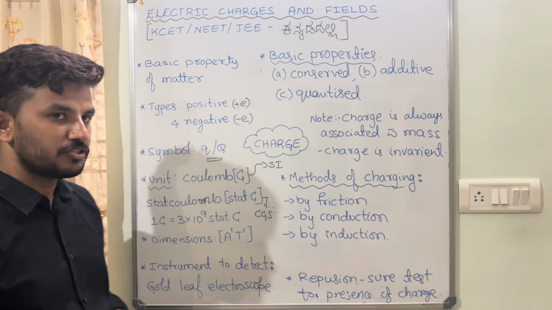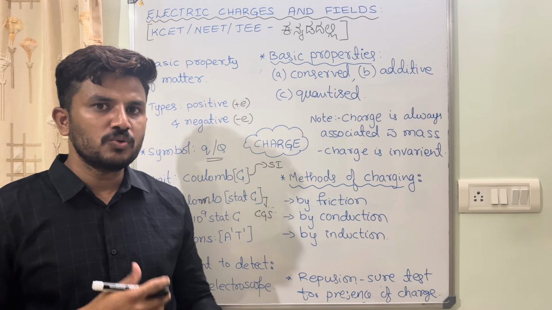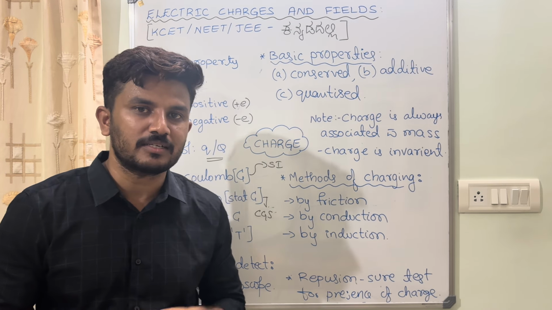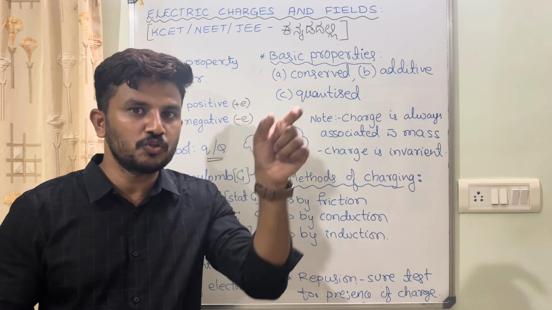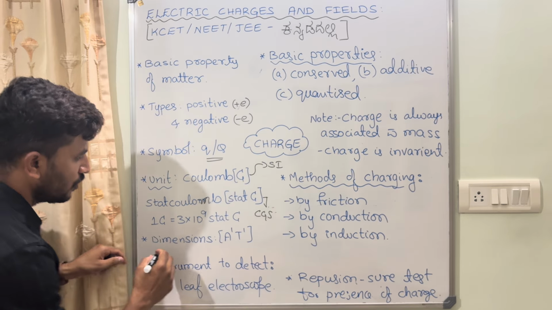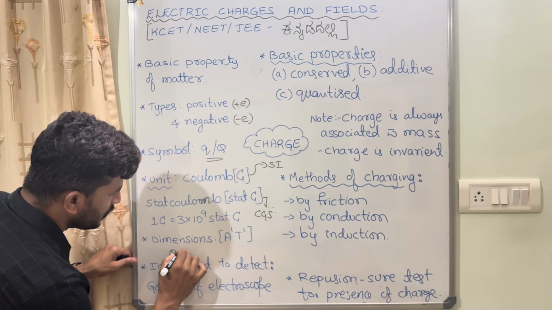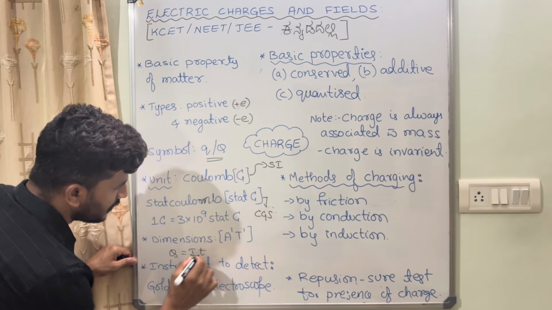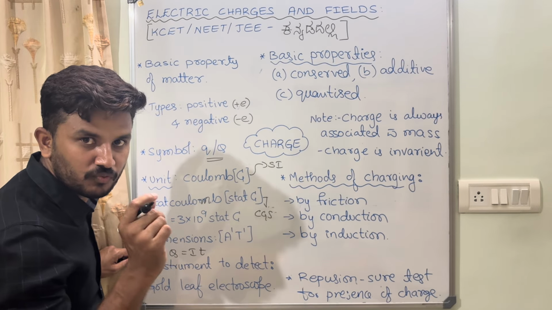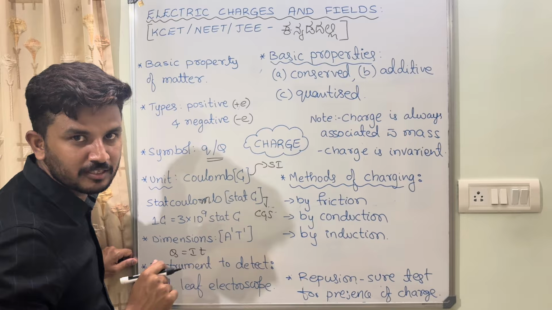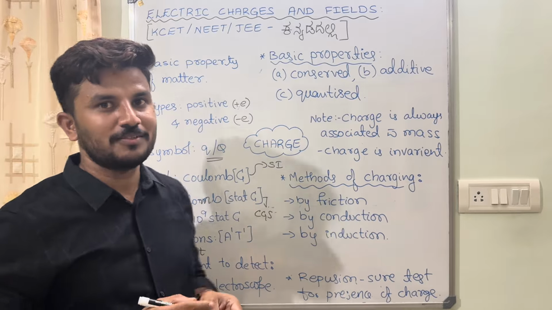Next comes the dimensions. So what is the formula for current? Current I is equal to Q by T. From that, can I write Q is equal to I into T? So I and T are fundamental physical quantities that you have studied in first PUC. Yes or no?